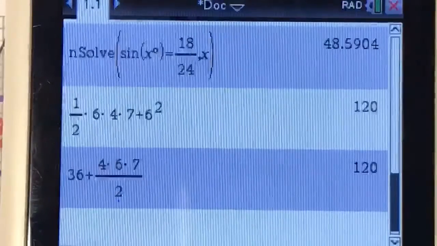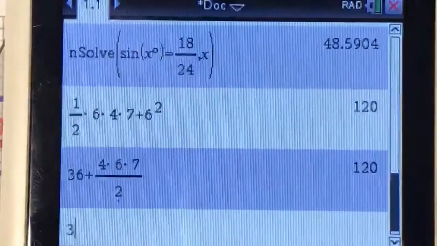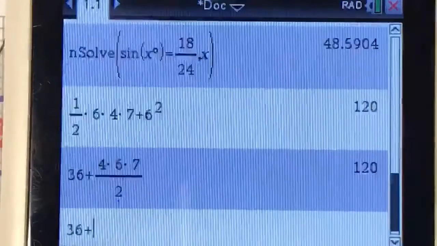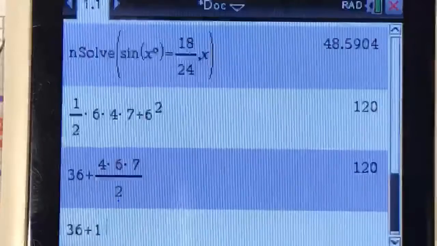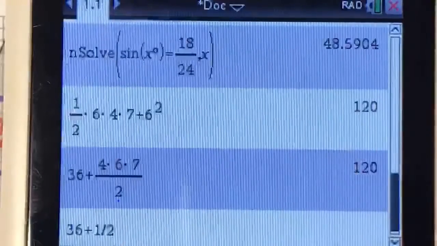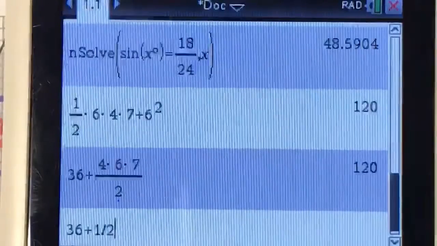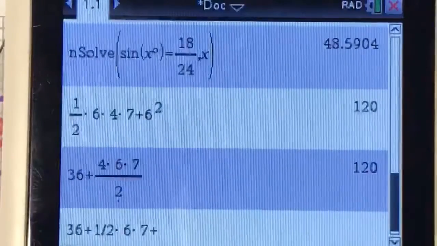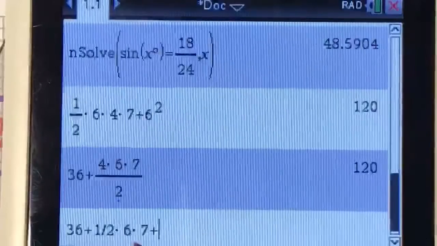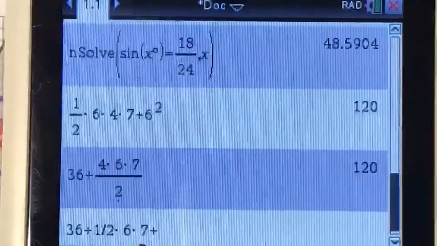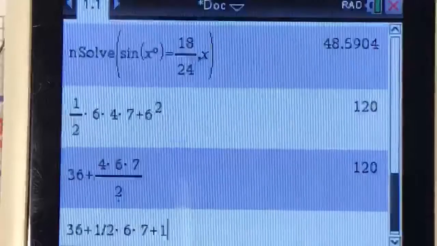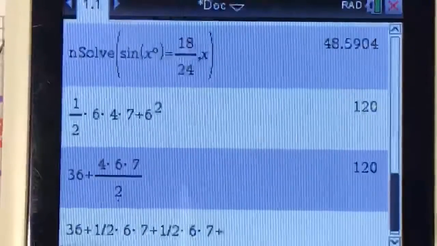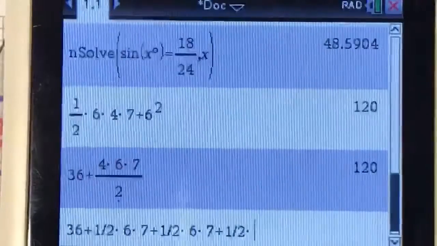Another approach would have been doing the 36, that's the area of the square, plus, and then you could have done the 1 divided by 2, now I'm into the triangle here, times 6 times 7, and did that 3 more times. 1 divided by 2 times 6 times 7, plus 1 divided by 2 times 6 times 7.